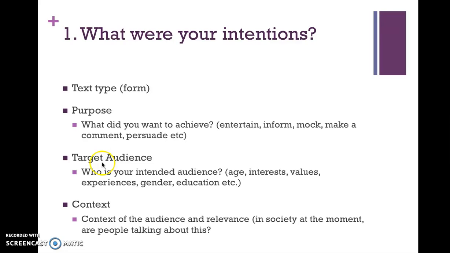Also context, and how is it relevant to society at the moment? So with your own, we've got smoking, beer a day, organ donation, animal cruelty. Where are they sitting in society at the moment? With all of those, what is society currently going against?